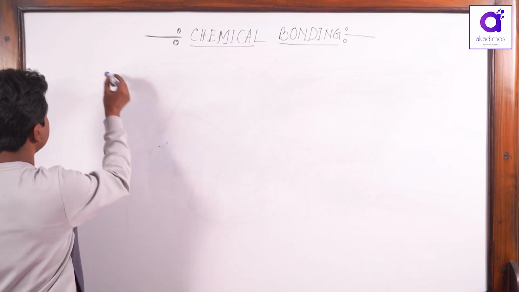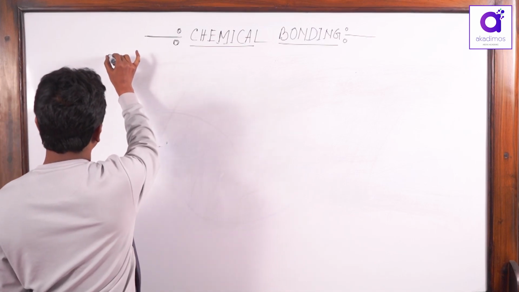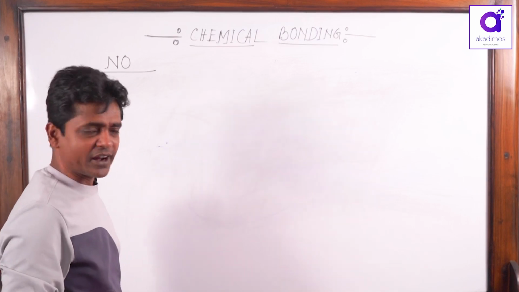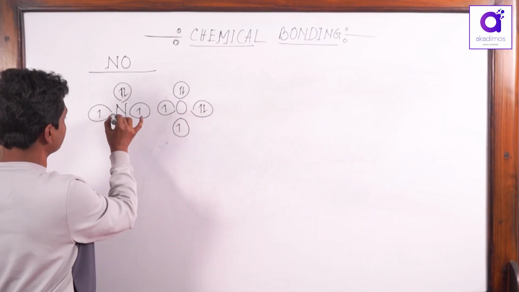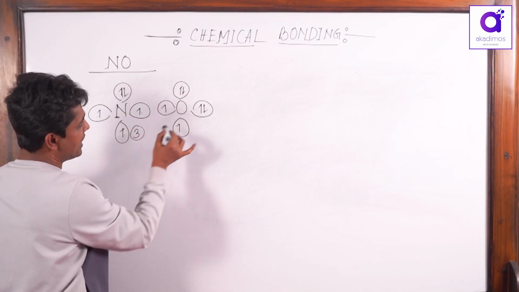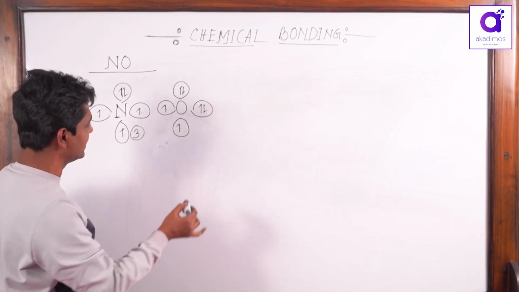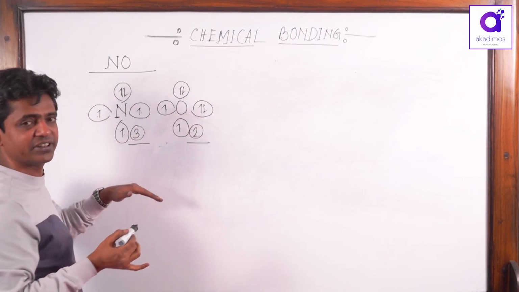Now I'll give another example. Nitric oxide. You know the formula of nitric oxide is NO. This is N. First, nitrogen: its valency is 3 due to the singly occupied orbitals. And oxygen valency is 2, since there are two orbitals with a single electron. You get the valency from the configuration.